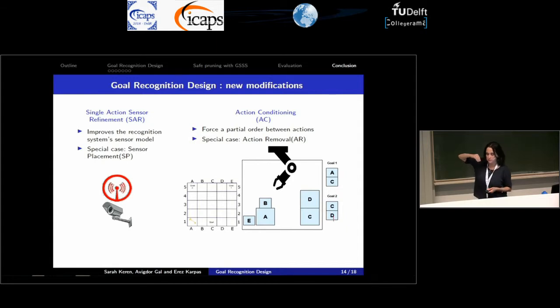So basically, what we introduced here is a more refined modification that deals with creating a partial order. In this case, I enforce the agent, if it needs to pick up block B, to make this the first action that it performs and reveal its objective to the recognition system.